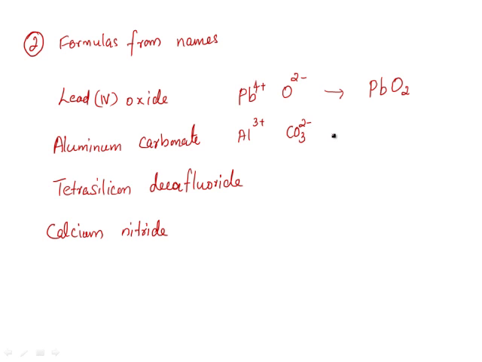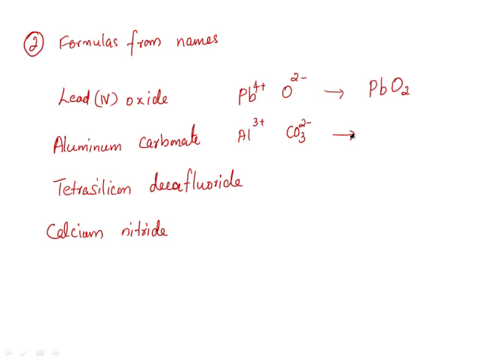Now we have to figure out how many of each we need to use so that we have electrical neutrality. Once you identify the ions, guys, it's just a basic number game. Just 1, 2, 3 numbers. You are just balancing the positive and negative charge. So 3 positive and 2 negative. Of course, if you take 1, 1, it's not going to work.